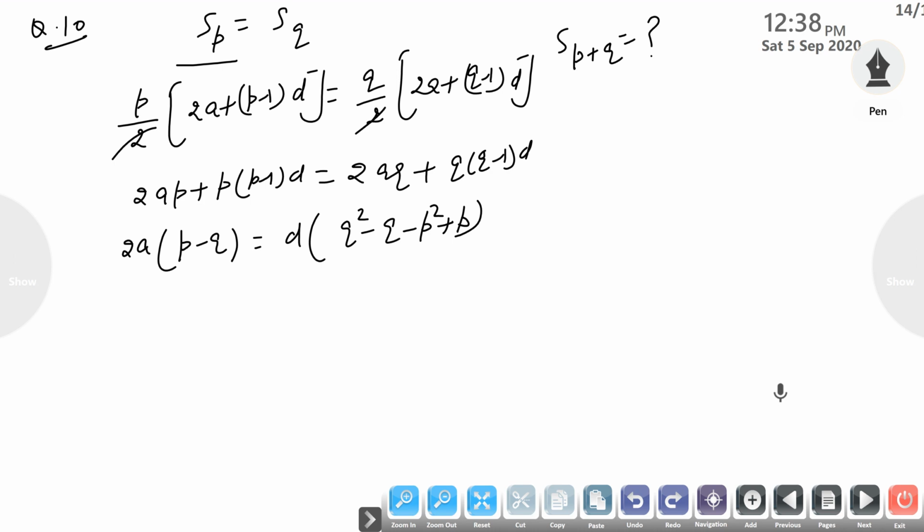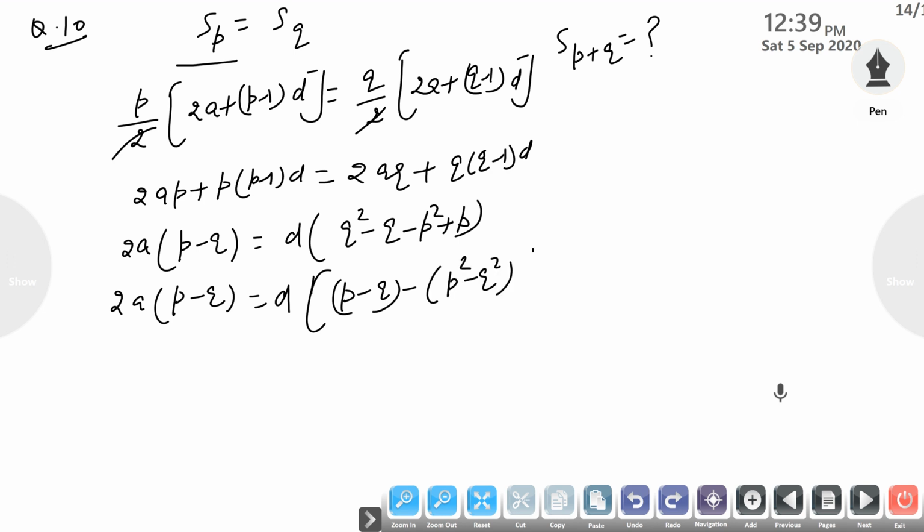Now in this term we get 2a into p minus q, this is equal to d into p square minus q square.